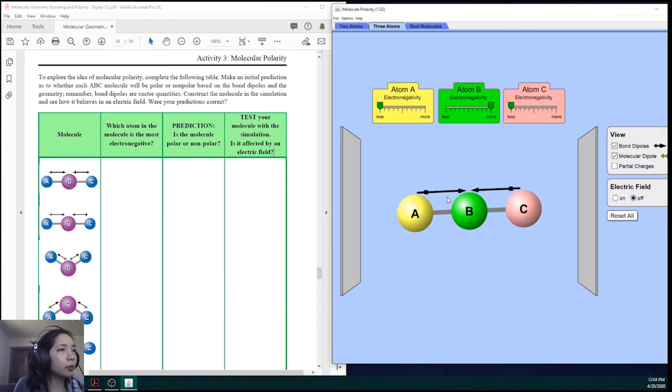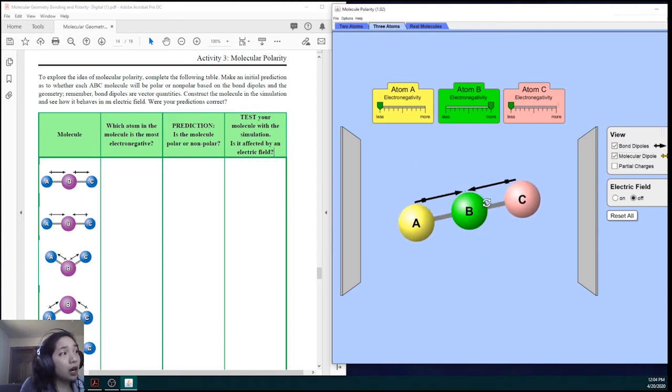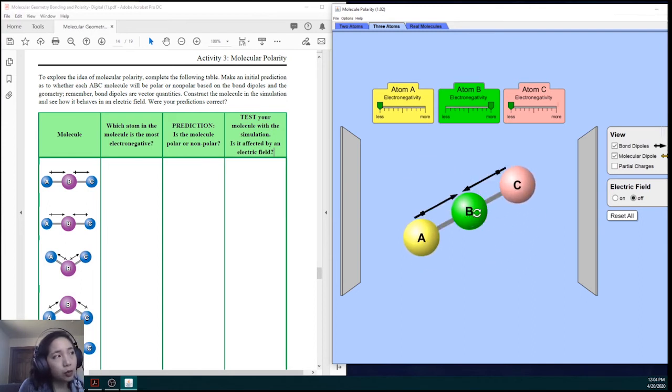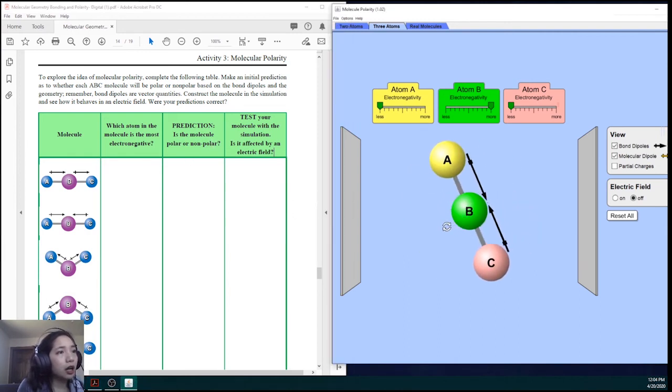I have two dipole arrows, and they're the bond dipoles, and then the overall molecular dipole, it should cancel in theory, but it's hard to do. So write your prediction for whether these bond dipoles cancel, or whether the molecule is overall polar or non-polar, and whether it is affected by the electric field.